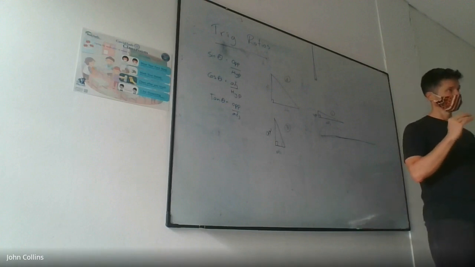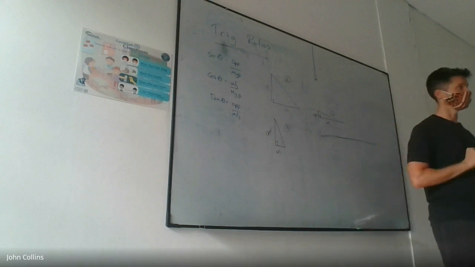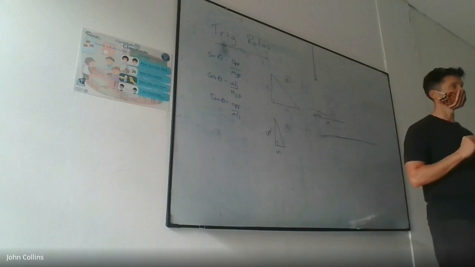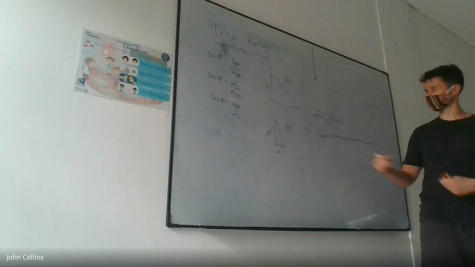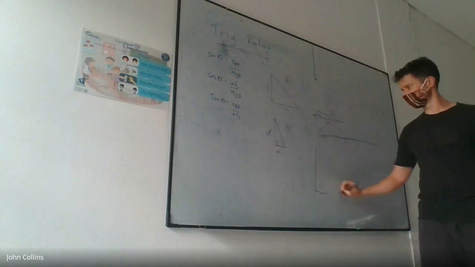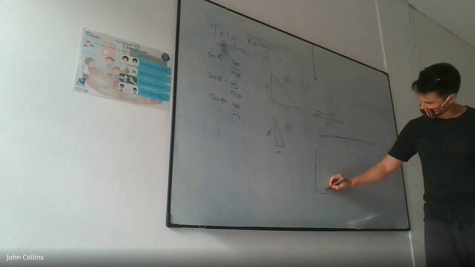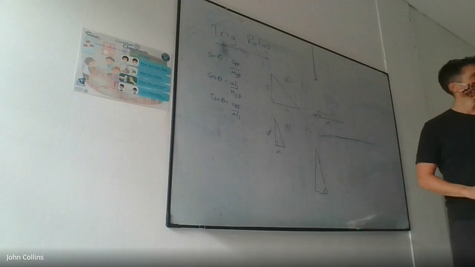Is it a big angle? The opposite is 5, 1, 2, 3, 4, 5, and the adjacent is 1, 2. I think the angle down here is going to be more than 45.